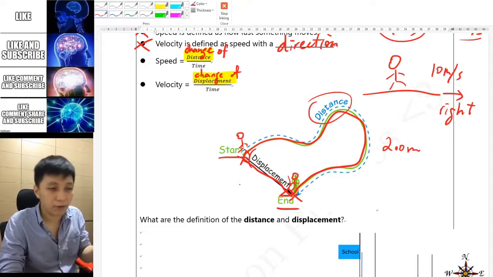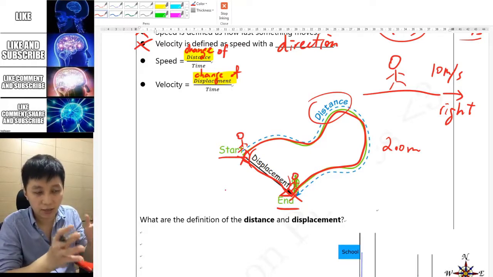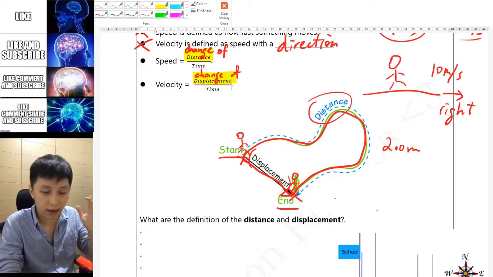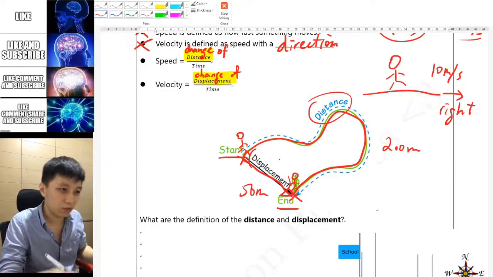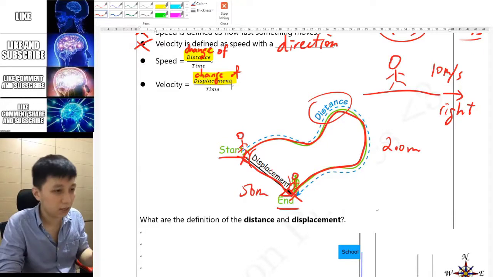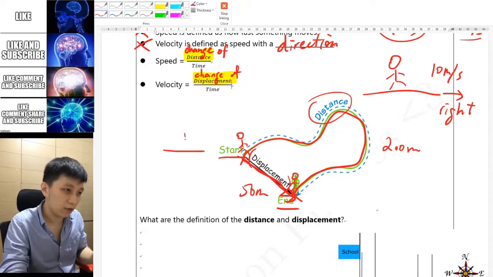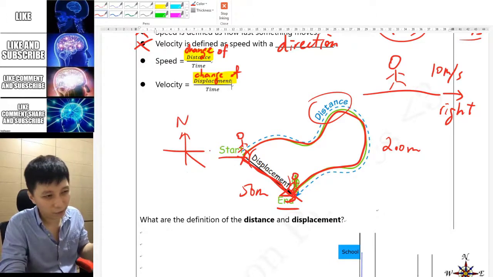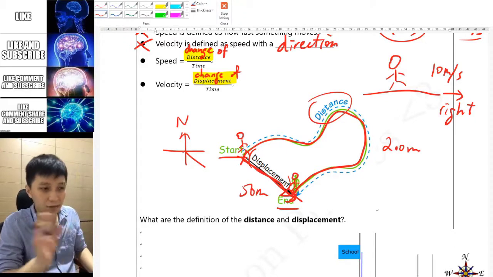And this obviously must be shorter than the distance, because you can never get this straight line to be longer than this path itself. So let's say this may be just 50 meters. So your displacement will be 50 meters towards this direction. I don't know how you call it, but if you are given a direction, if this is north, then this may be something like south to east, whatever degree that you are talking about. So this is the idea of displacement.